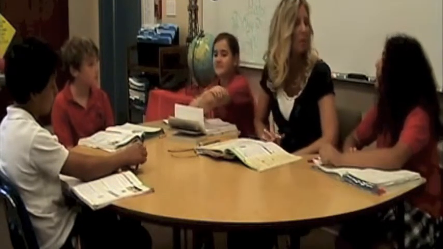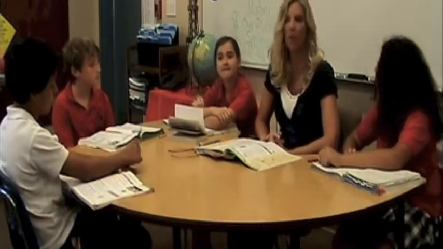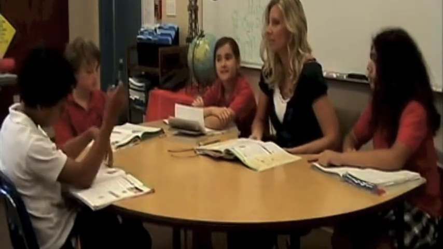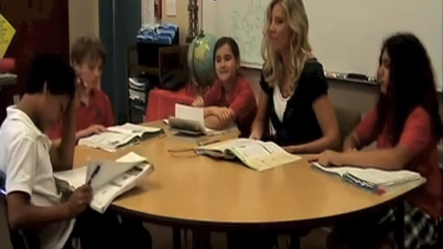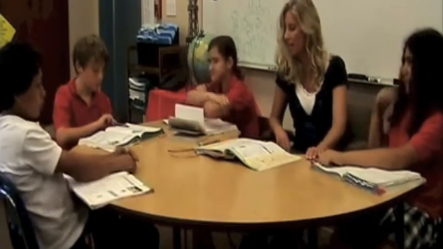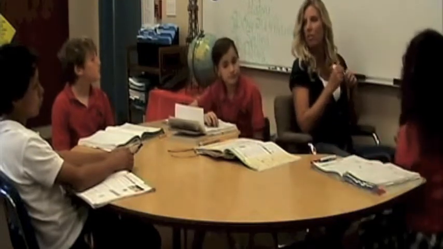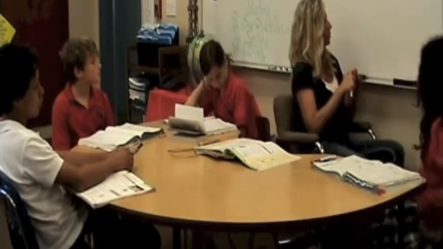Okay, so do you remember how to add and multiply fractions? Today's lesson was multiplying fractions. Okay, I'm going to write a problem on the board and I want to make sure that you remember how to multiply the fraction.